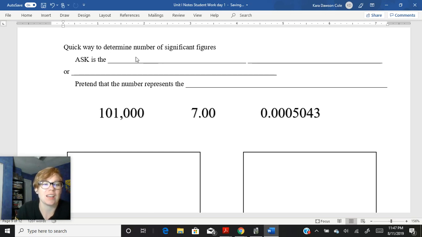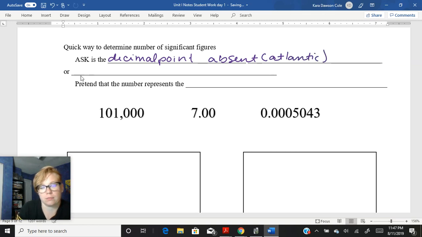So what we ask is the decimal point absent, and this is going to stand for Atlantic. Or present, and this guy's going to stand for Pacific.